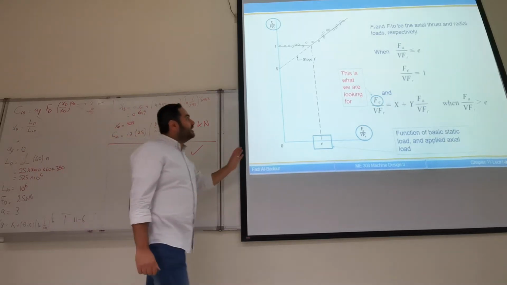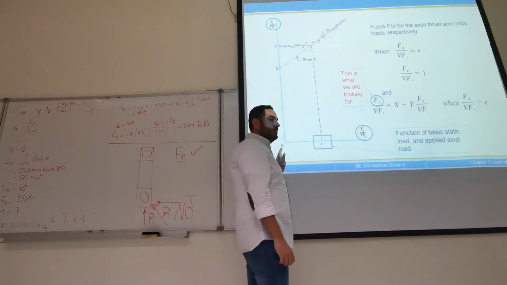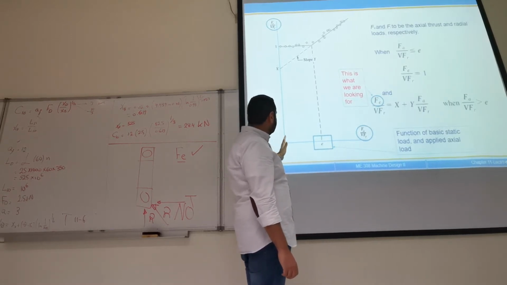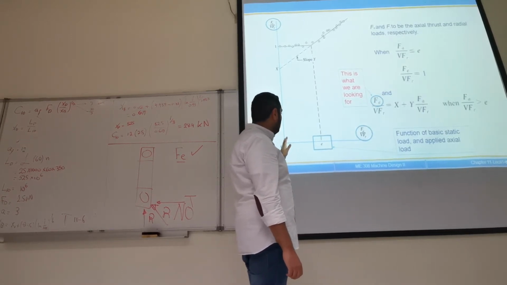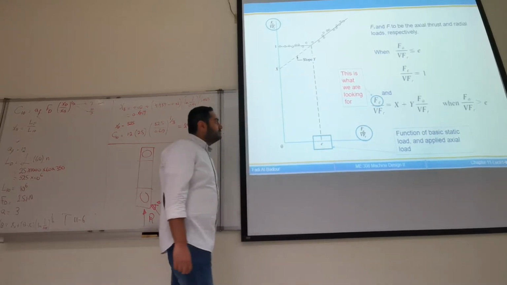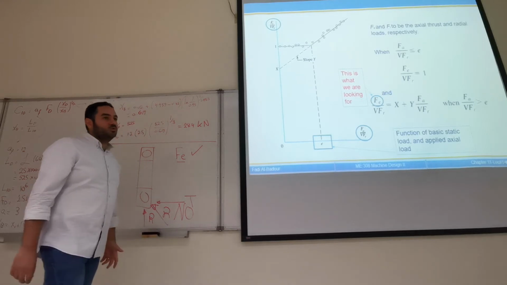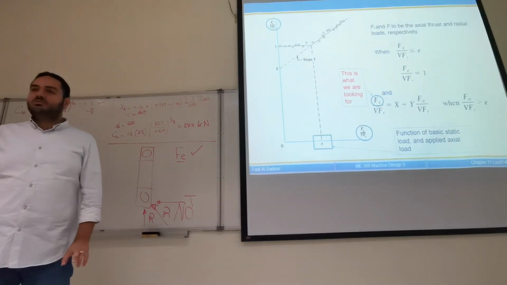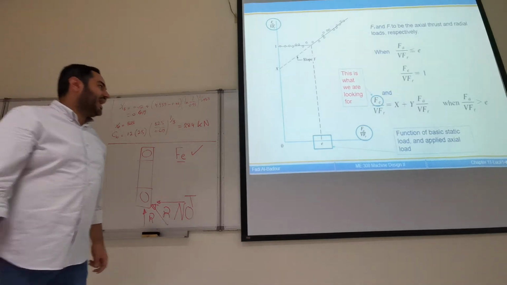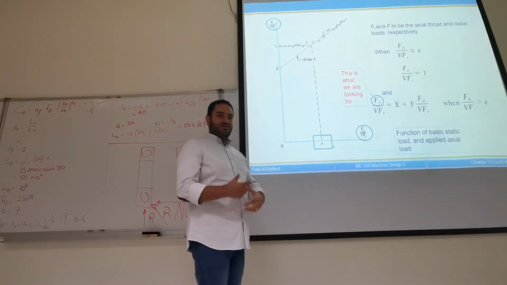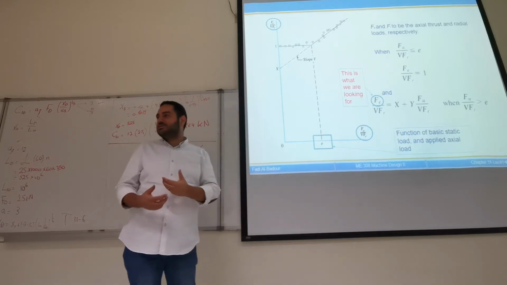Now if you look at the data points that represent the experiment, from zero axial or thrust load up to a certain value, you can see that there's no difference between the equivalent load and the radial load. So it means that the axial load is not contributing to the development of failure inside the bearing.